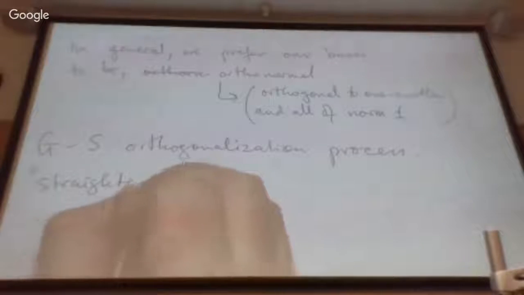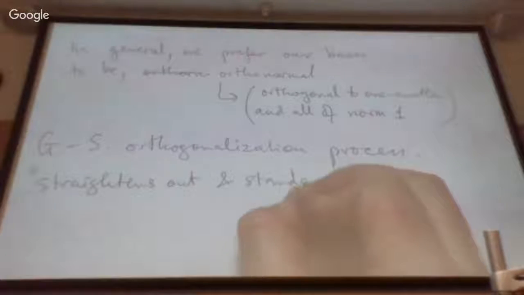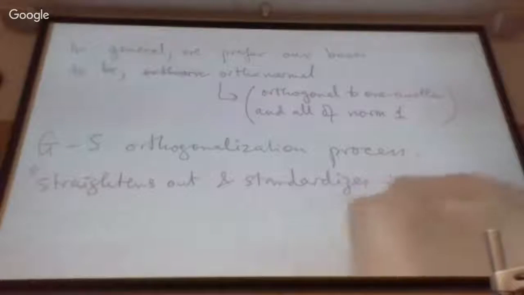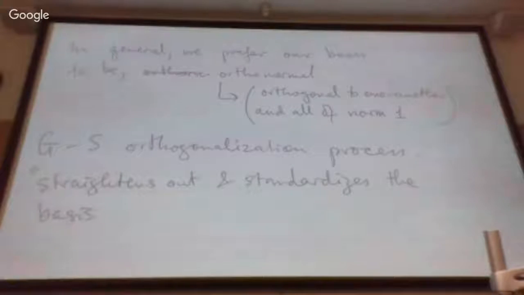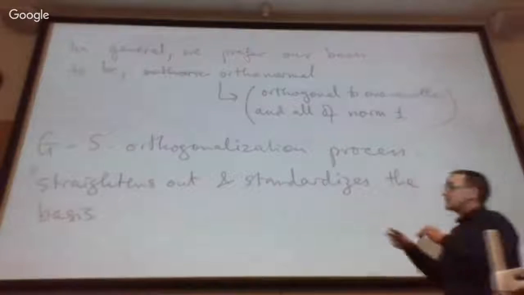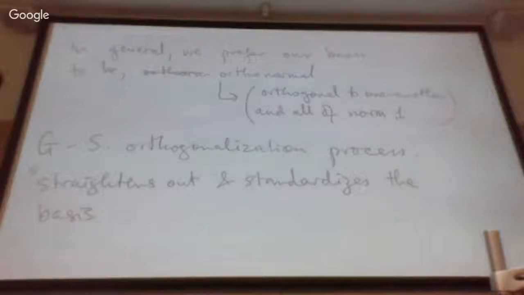Something that straightens out and standardizes the basis. Now it might be altering the individual basis vectors that you're starting off with. But what it won't alter is the vector subspace spanned by those vectors. Remember, vector spaces can have many different bases. Bases are by no means unique.